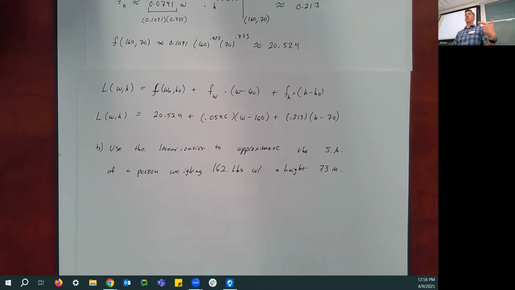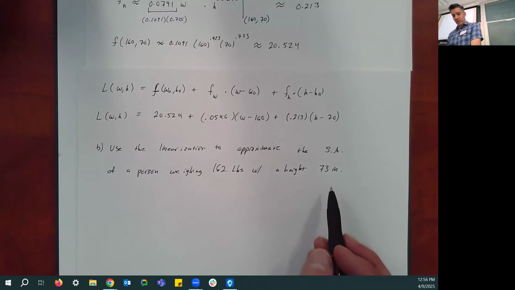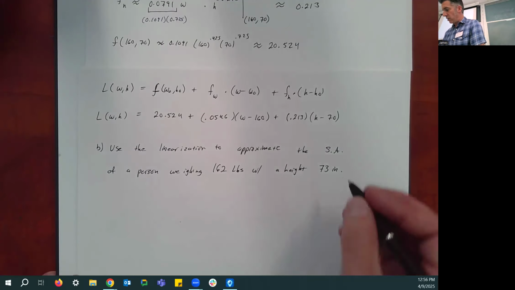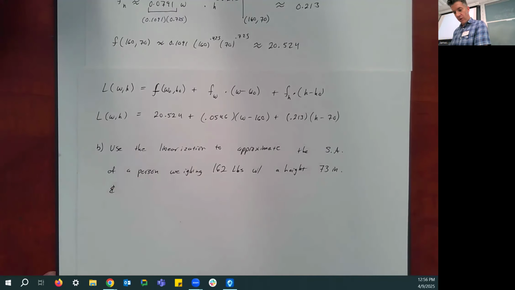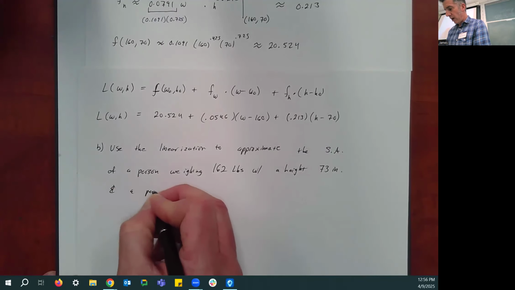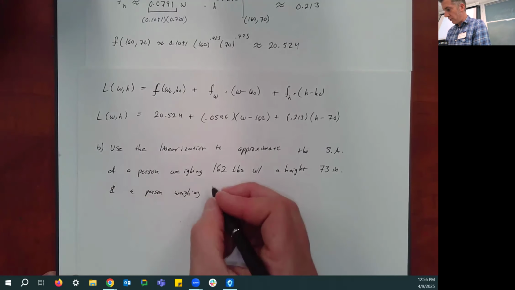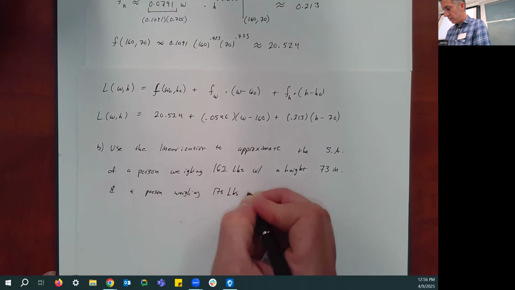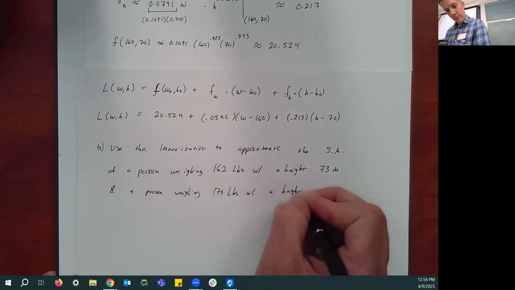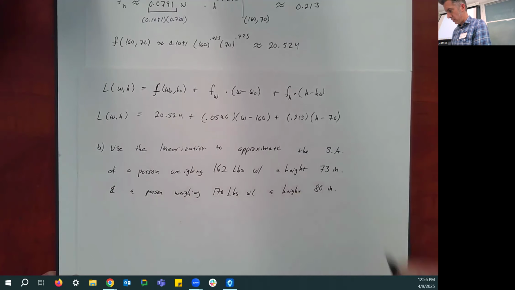It's to show you that if you do this versus, sorry, there's also an "and" here, we're also going to do it for a person weighing 170 pounds with a height of 80 inches. It's quite tall, 6'8". The point of this question is to see that the further away from the initial point that we chose we are, the more error there is in our estimate.